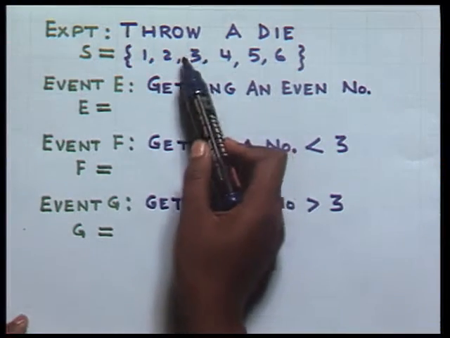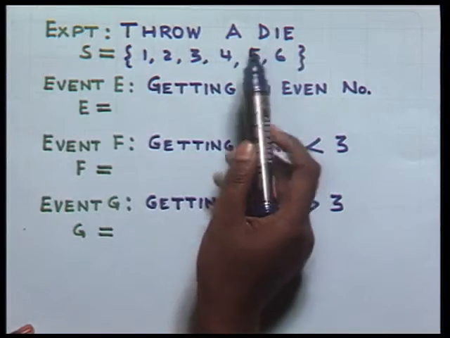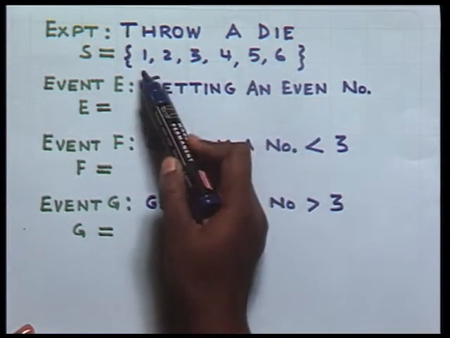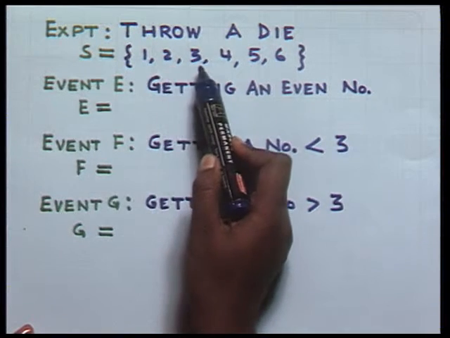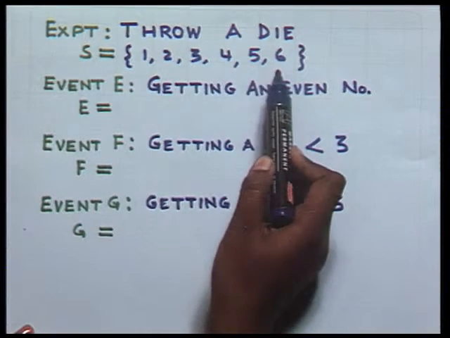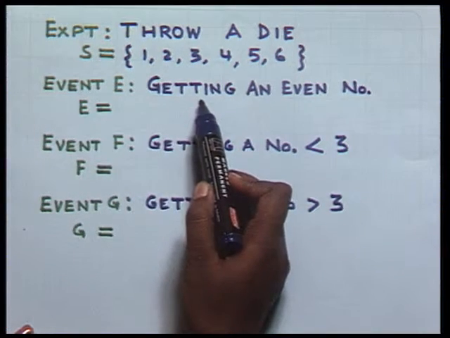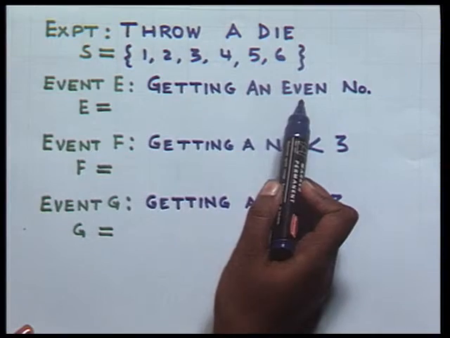The outcomes in the sample space are also called elementary events. A number of events may be defined associated with a random experiment. For example, if we take the random experiment as throwing a die, the sample space, as we know, has the outcomes 1, 2, 3, 4, 5 and 6. Now, let us define an event here, getting an even number.